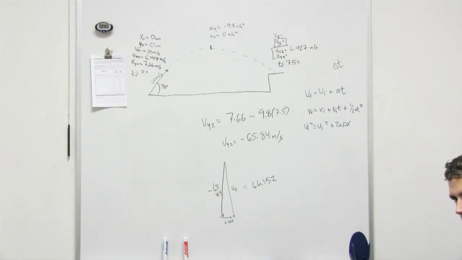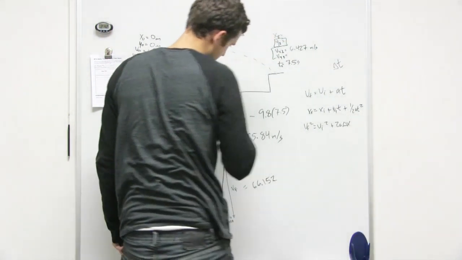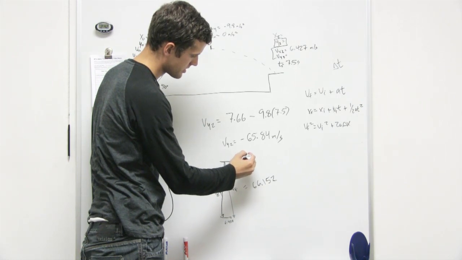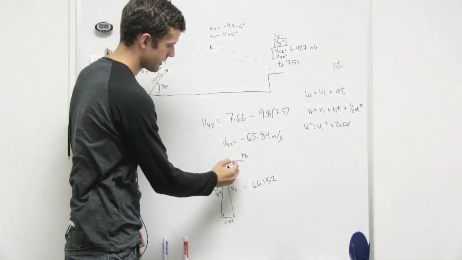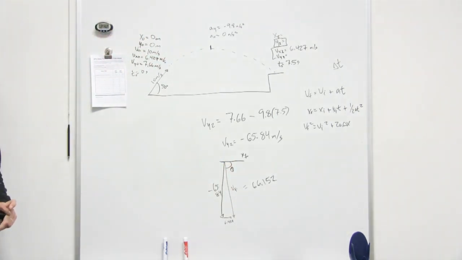Okay, and then the last one, what is the direction below plus x of the projectile's velocity at the instant it hits the ground? So that's just saying this is positive x. That's the positive x-axis. So what's the angle in here? Now we can just solve that from our triangle.